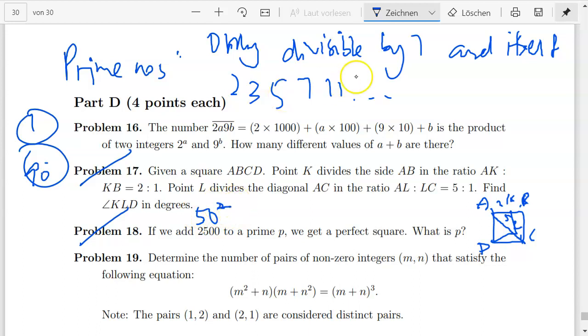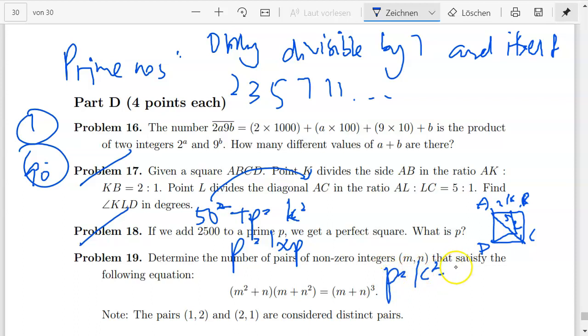And then a side fact, this P can be divided into 1 times P only, okay? So 50 squared plus P equals some K squared. We can move this 50 squared to the other side, then we will get P equals K squared minus 50 squared, and then we can factor it into K minus 50 and K plus 50.